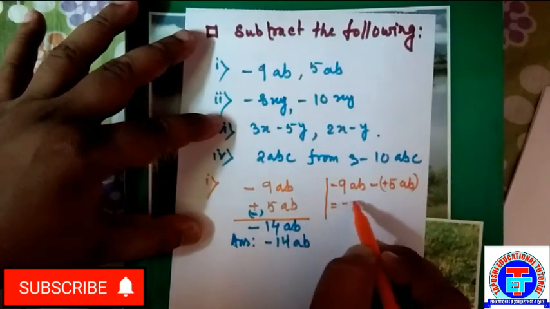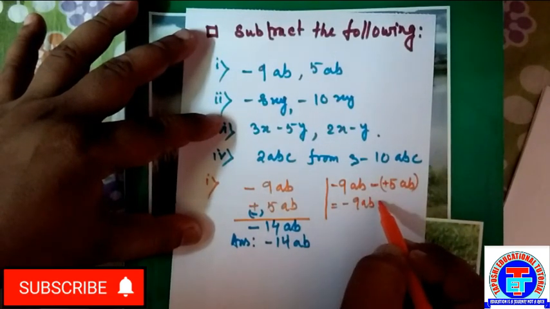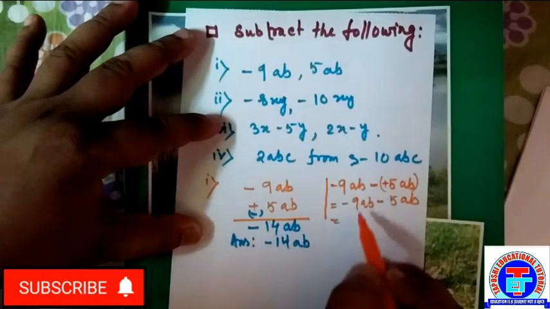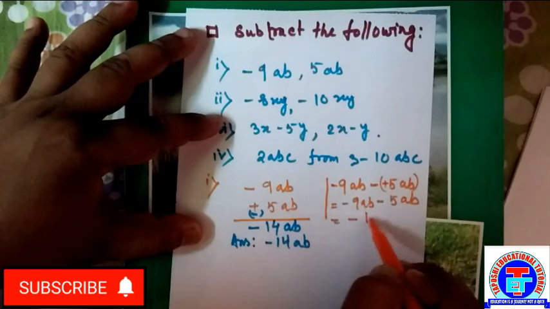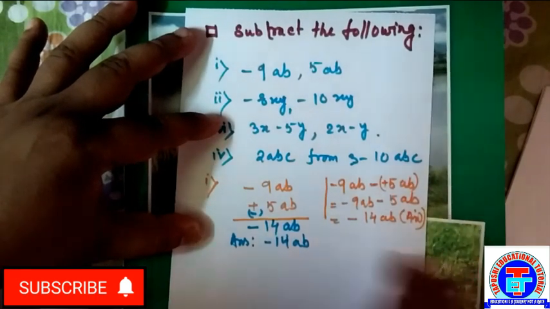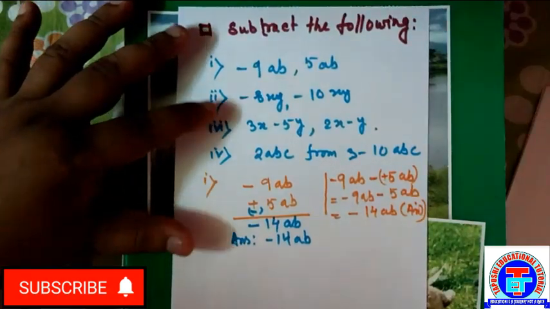Now it will become minus 9ab, and minus and plus became minus, so minus 5ab. Both are minus terms, so we write minus 14ab. This is the answer. So these are the two methods that we apply to solve this subtraction.